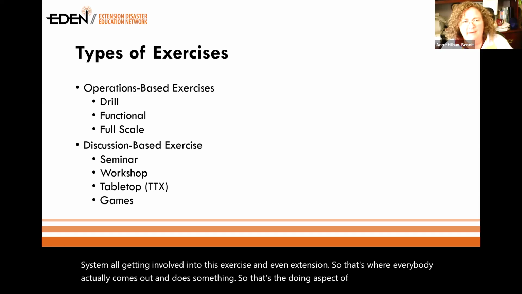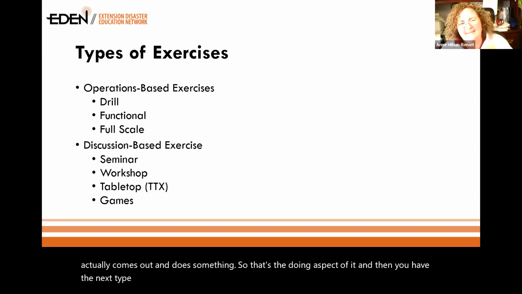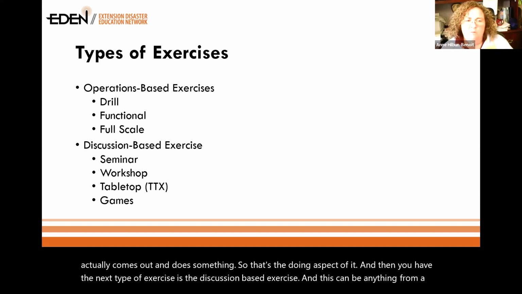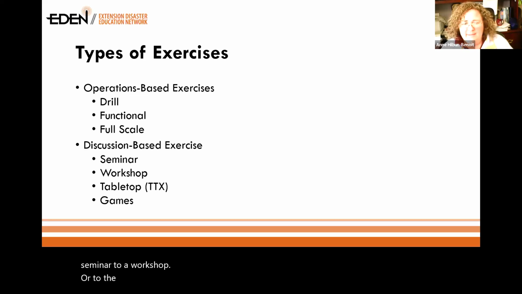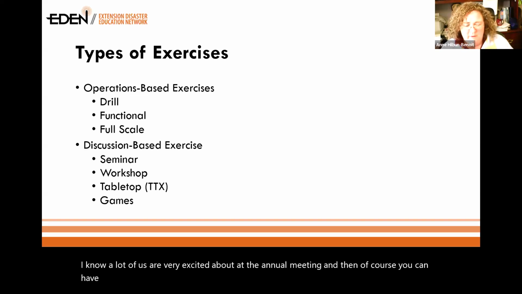And then the next type of exercise is the discussion-based exercise. And this can be anything from a seminar to a workshop or to the tabletop exercise that I know a lot of us are very excited about at the annual meeting. And then, of course, you can have games as well.